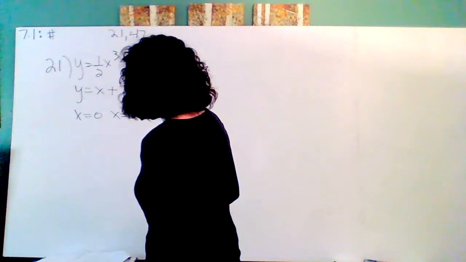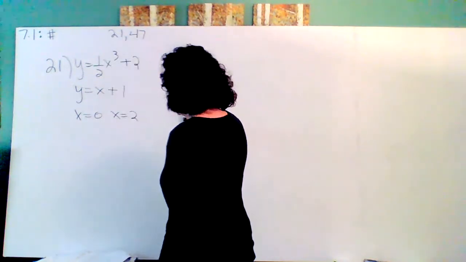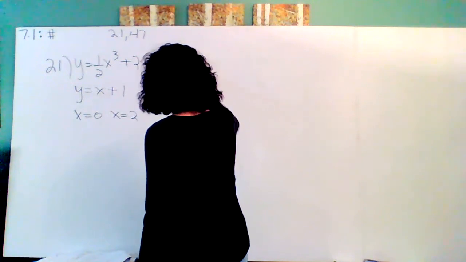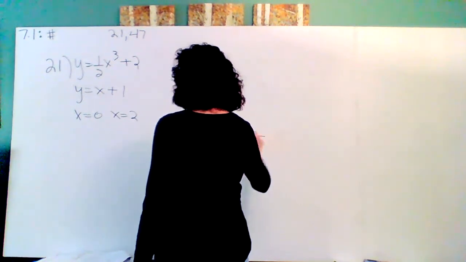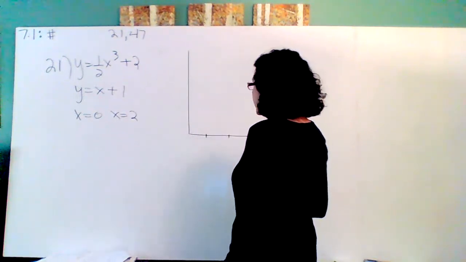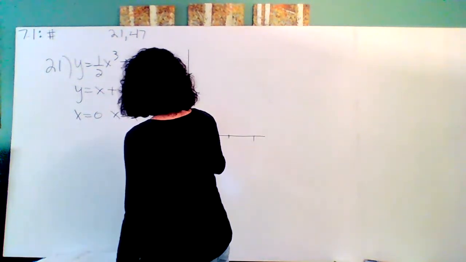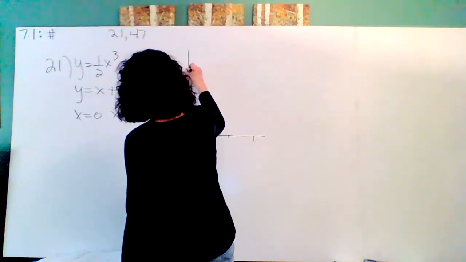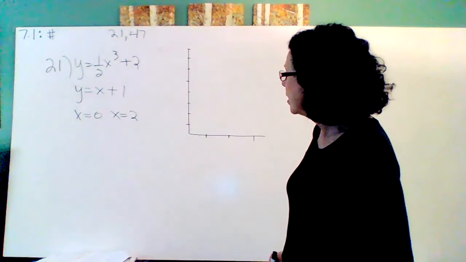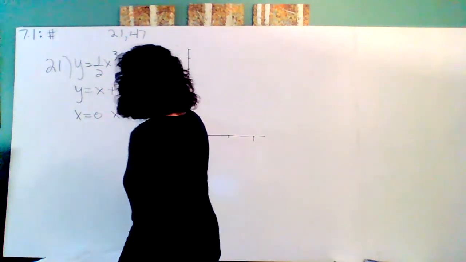Let's see, 8, 4, 6, just trying to get an idea of what I need my axes to be. I think we're all positive. Let's go ahead and do this. So 0, 1, 2, and 3. And I'll go 1, 2, 3, 4, 5, 6, 7, 8. Let's see if that does it. Let's go ahead and between 0 and 2, let's draw the line first.